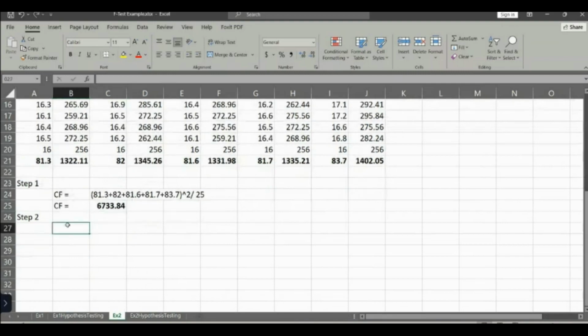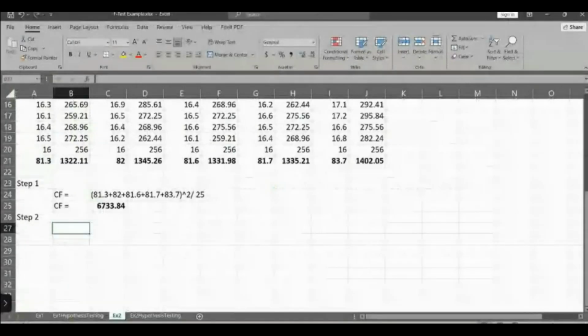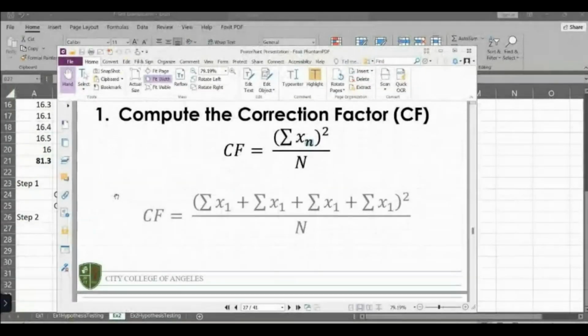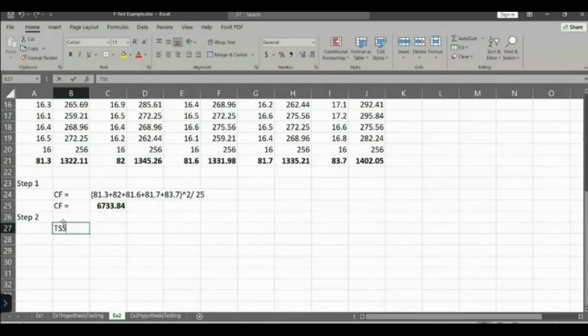Next, step number 2: the total sum of squares, abbreviated as TSS.